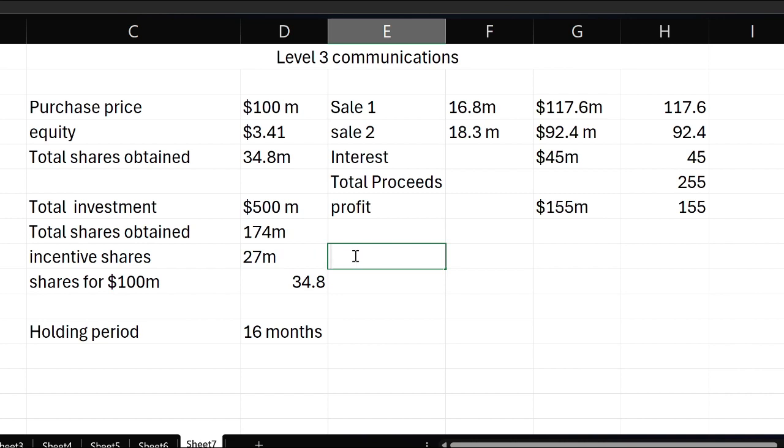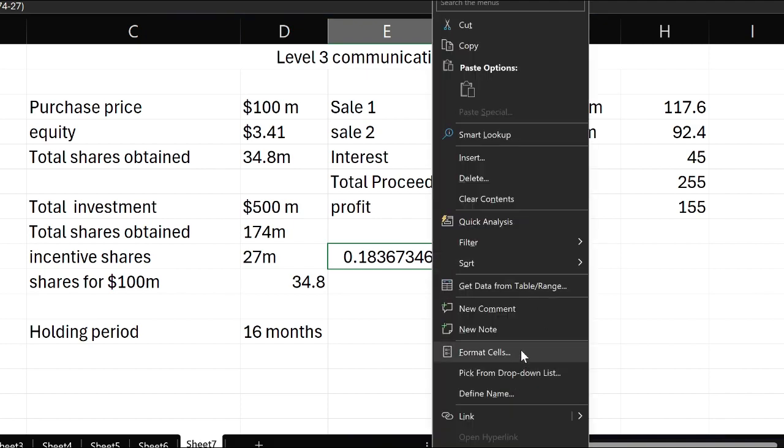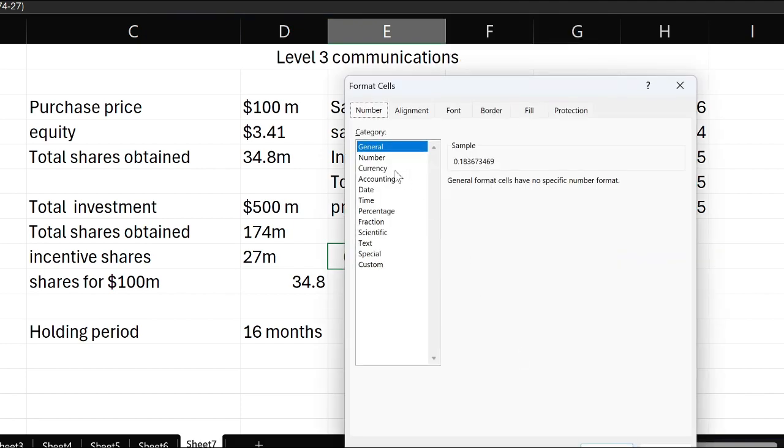In terms of percentage, it would be 27 divided by instruments. So as a percentage, 18.36 percent is what they committed as an incentive just for converting into equity.